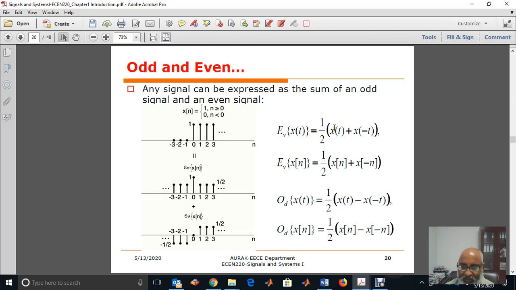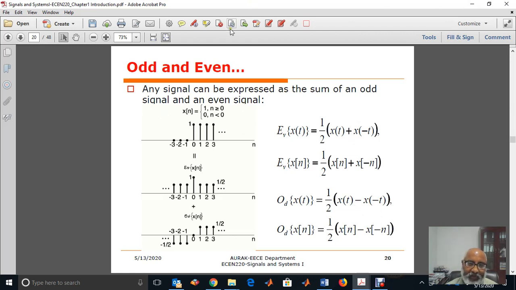So we have x of t and the time reversal signal x of minus t. We add the two and divide by 2, and we get the even part. For discrete it is the same, only t changes to n. The odd part is x of t minus x of minus t divided by 2. For the even, plus; for the odd, minus.